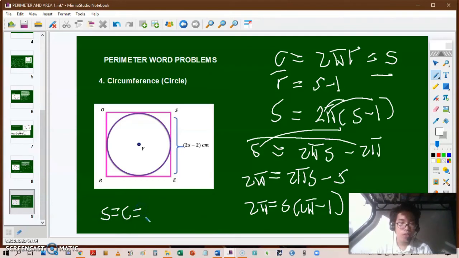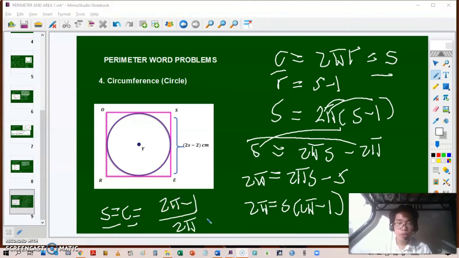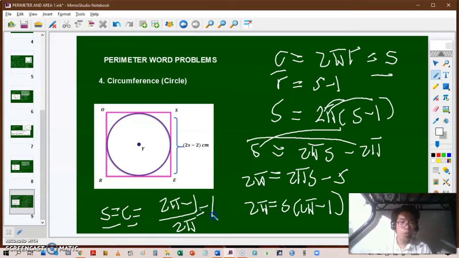So the value of the circumference and the value of s is 2 pi over 2 pi minus 1, which simplifies to 1.19 centimeters.